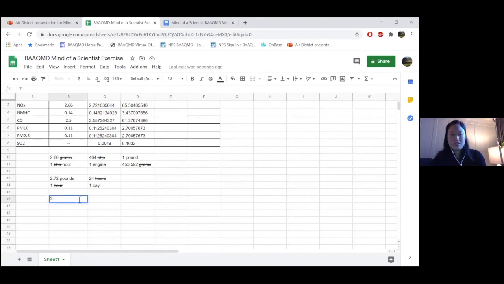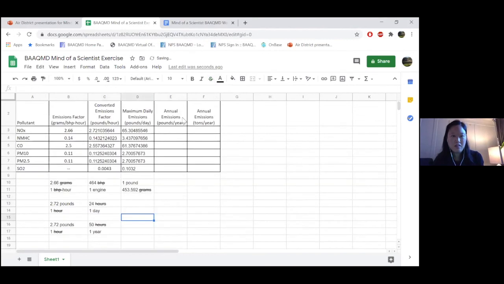So we have 2.72 pounds per 1 hour times 50 hours over 1 year, and the hours cancel out like before. And so I'll put equals the pounds per hour times 50 hours, which is the pounds per year. And double click the bottom right corner and it populates.